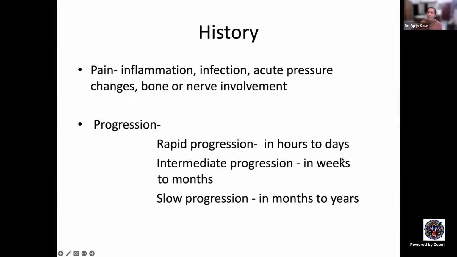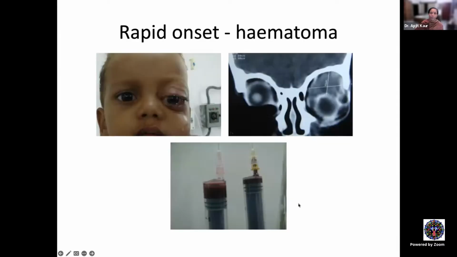Intermediate progression occurs with benign inflammations and not infective inflammations, with the autoimmune type of inflammations and with benign tumors. And slow progression, again, is associated with tumors.